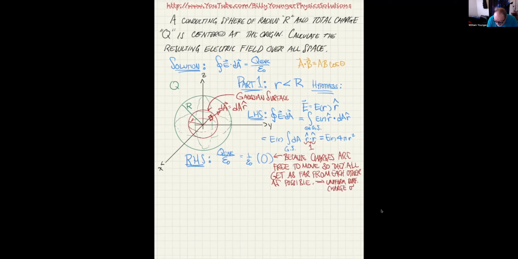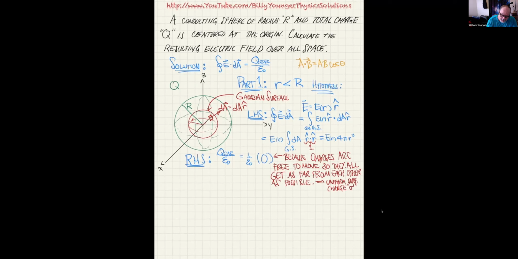And you might even call that uniform surface charge sigma, which would be a certain number of coulombs per unit area, which obviously in this case, we know the total coulombs is Q, and we know the total area is 4 pi big R squared. So sigma would actually be equal to Q over 4 pi big R squared.